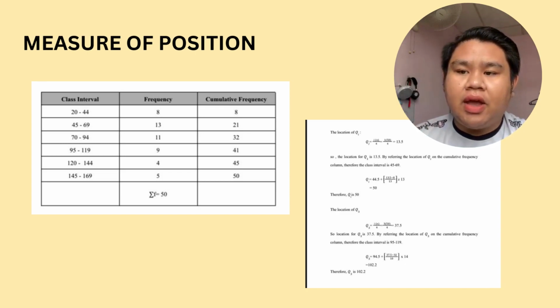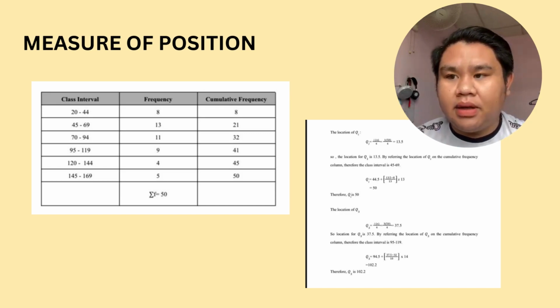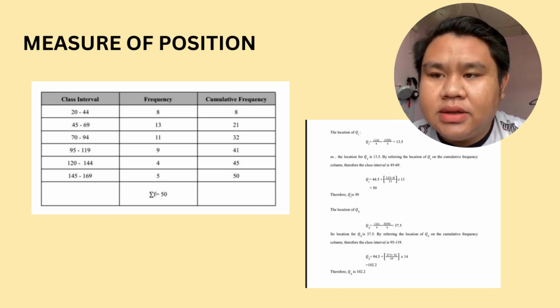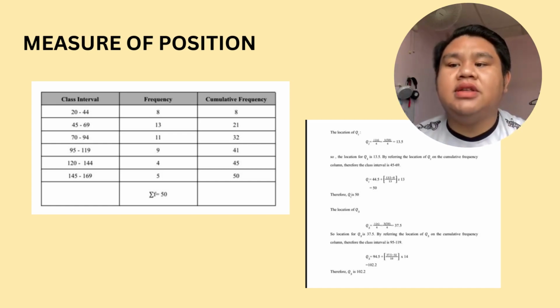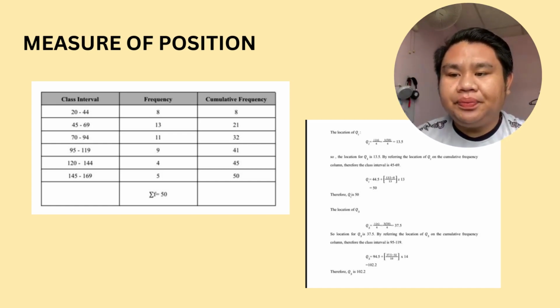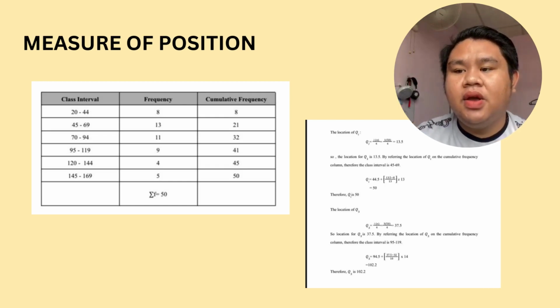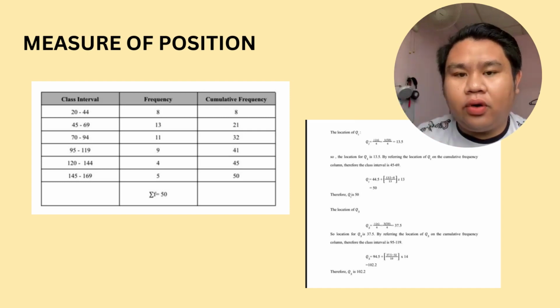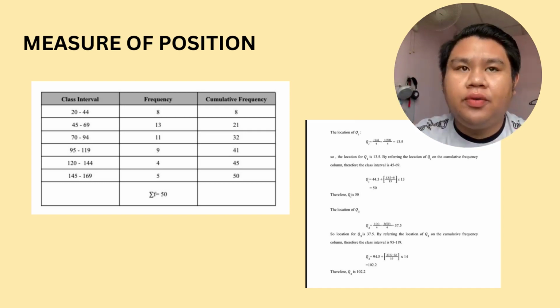So here we have a table with three columns: class intervals, frequency, and cumulative frequency. In this part we have four steps.